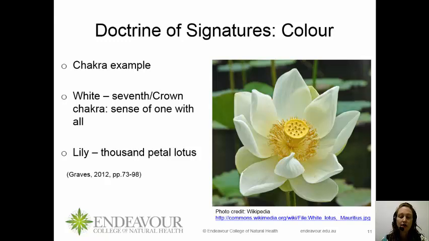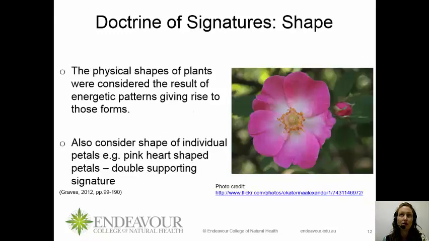And a great example of that is the white lily, and we will be studying lilies towards the end of this course. And that's a beautiful example of the colour of white being not just purity, but perhaps a more divine quality to it.